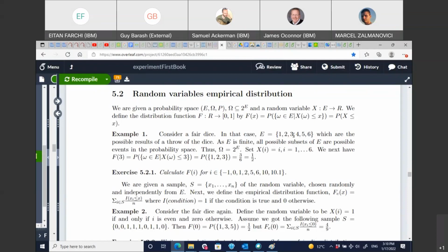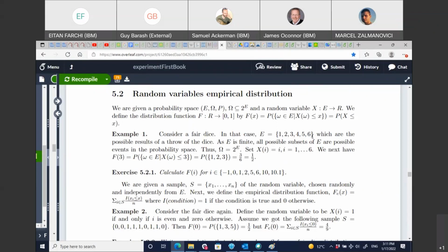So how is that connected to the concept of the random variable, which is going to be central to what we're going to do? So the random variable is a function that takes values from the set of possible outcomes that we have in our experiment to the real numbers.